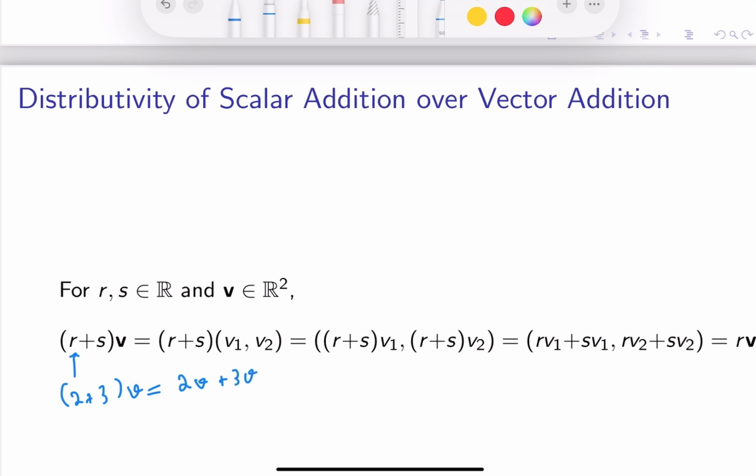We're going to see the importance of this property later, but when you want to prove things, I remind you that you should do it in vast generality. So you start with any vector. You don't take an example. You take any vector of the form v1, v2, a generic vector, and any two numbers R and S in R, and you want to verify that this whole thing is equal to RV plus SV, right?